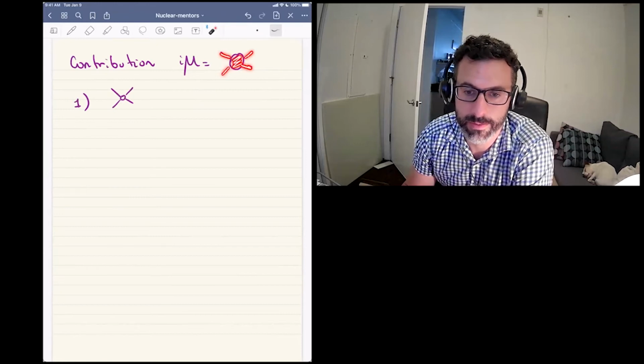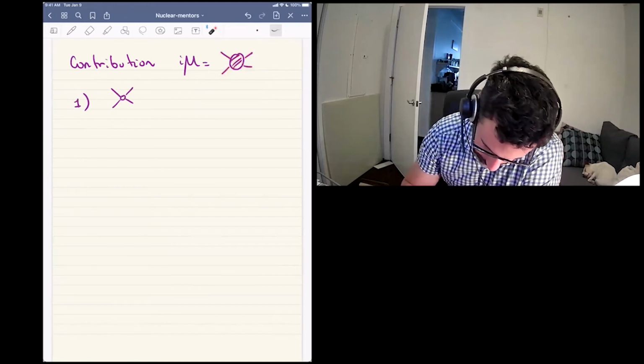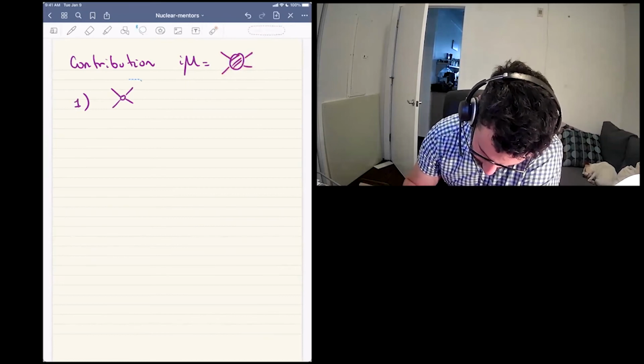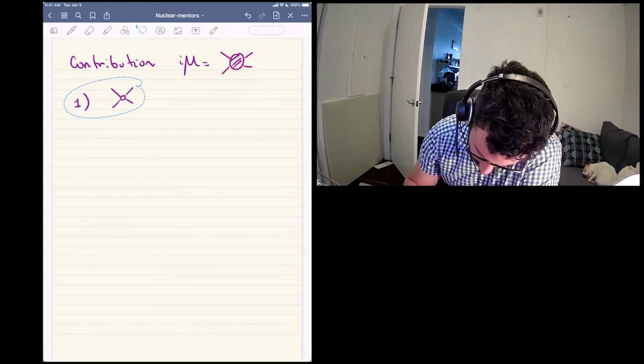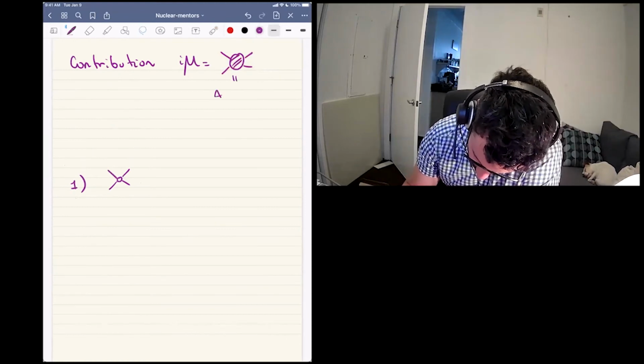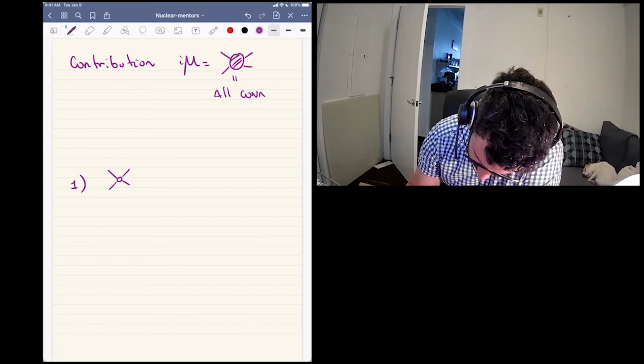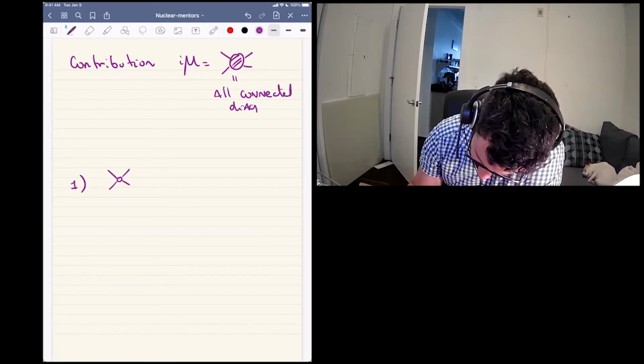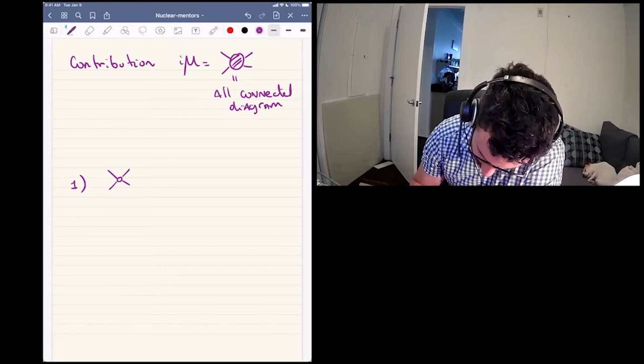So there has to be some connections. So for example, this equals all connected diagrams, because the particles have to interact.